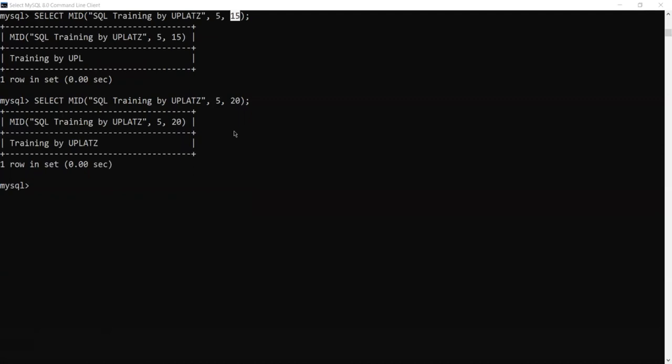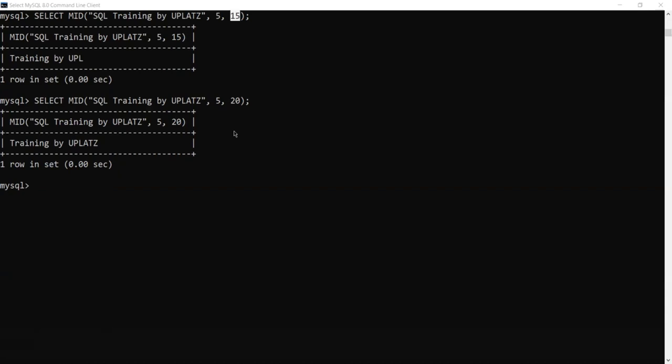We will also try to understand one more similar function, the substring function, which is very similar to the mid function. What substring does is it also extracts a substring from a string starting at any position. Even substring needs 3 arguments. One is the string from which you want to extract, the second is the start argument, that is the starting index from where you want to extract, and then the length.